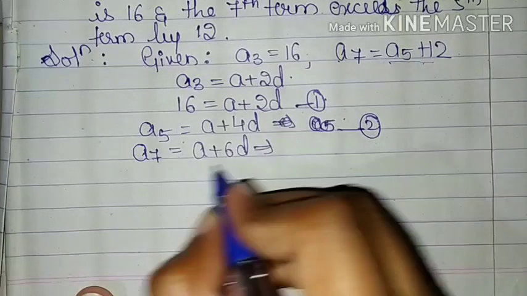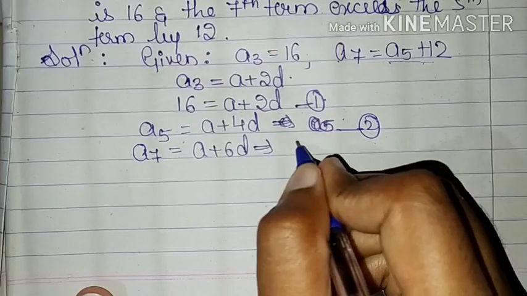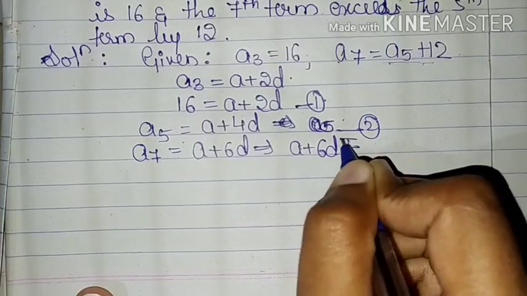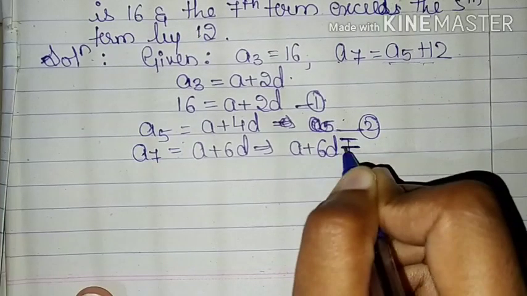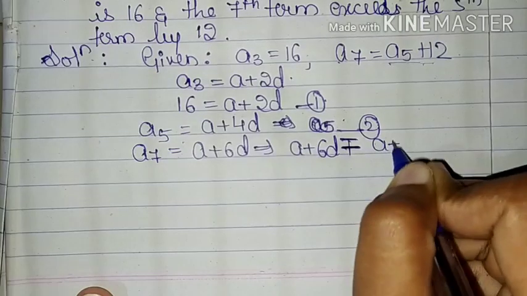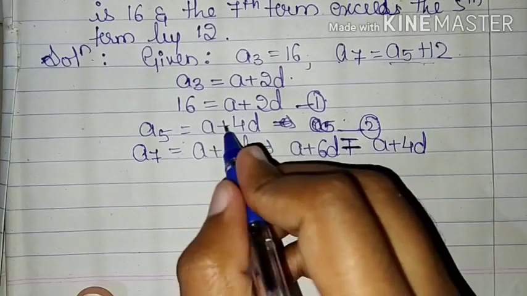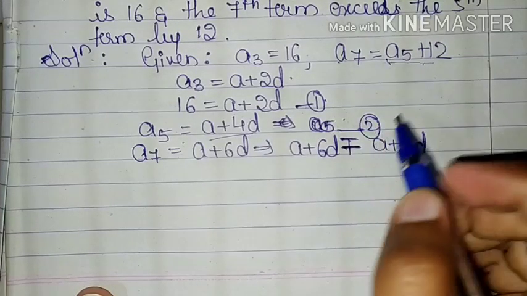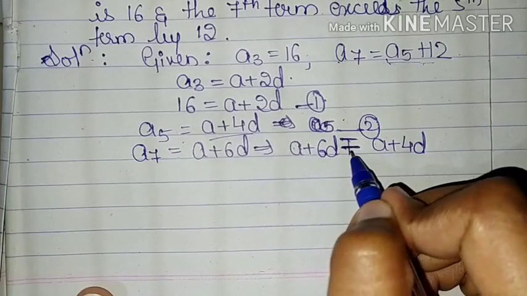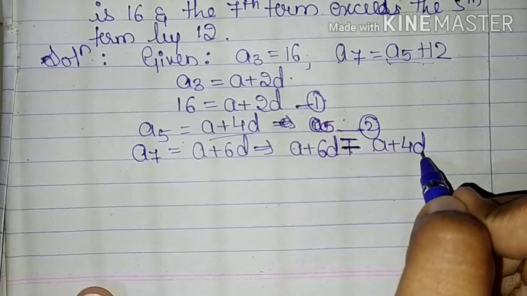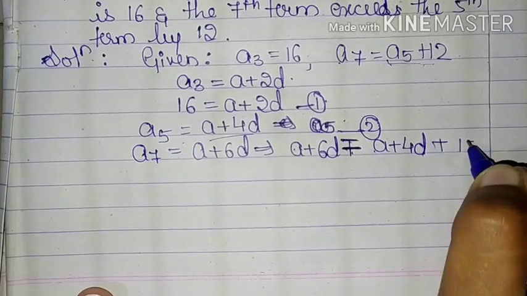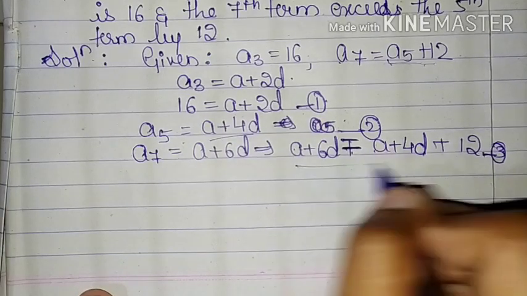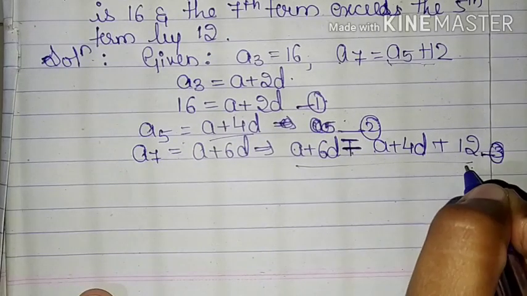So a7, which is a plus 6d, is equal to a plus 4d plus 12, because a5 from equation 2 is a plus 4d. So a plus 6d is equal to a plus 4d plus 12. This is equation 3.